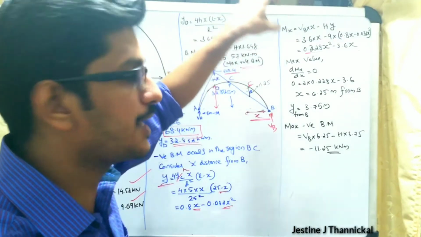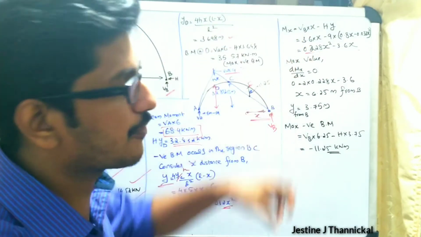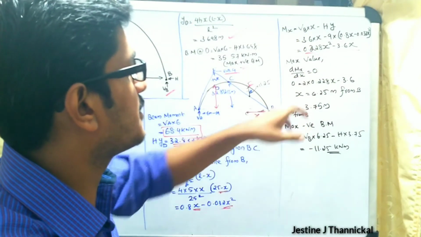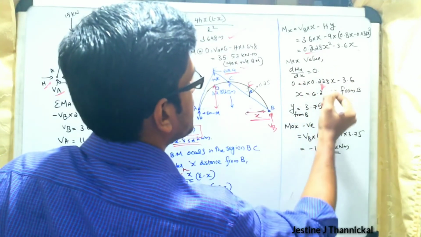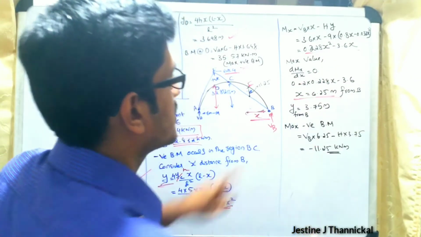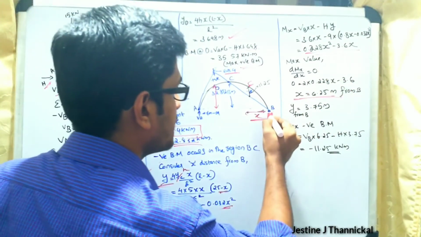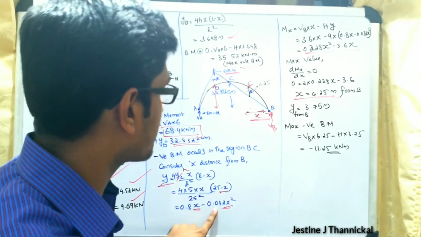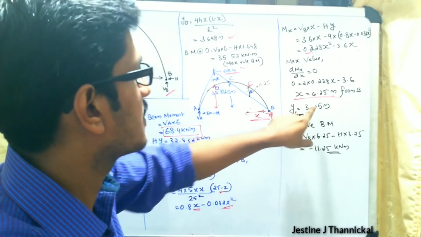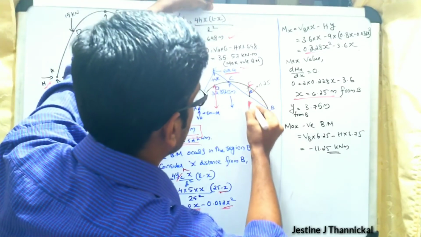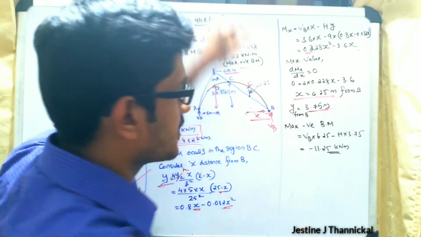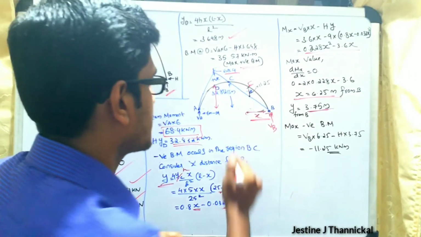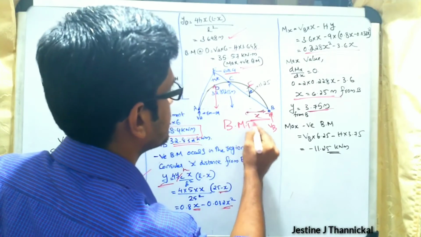For the bending moment to be maximum, we take the derivative, and the value of x you will get as 6.25 meters from this point B. If you substitute this x value here, you will get the vertical distance also, that is 3.5 meters, the vertical distance of this corresponding point. This is actually the bending moment diagram.